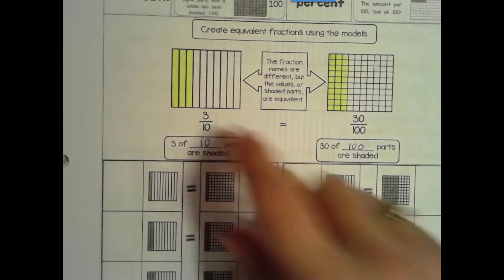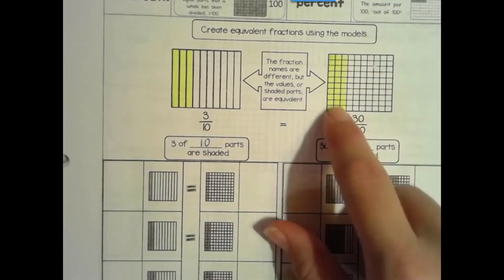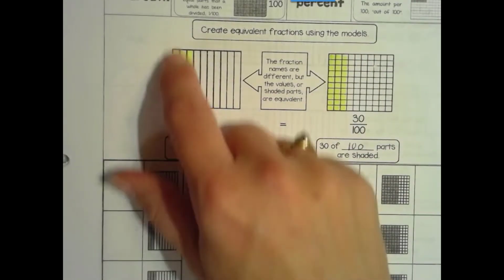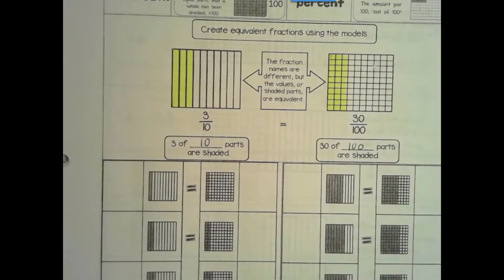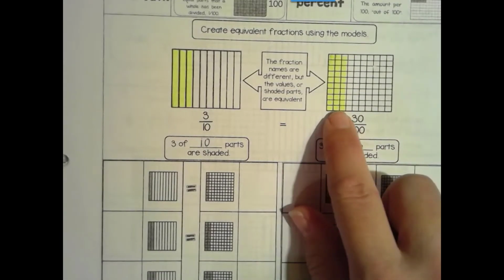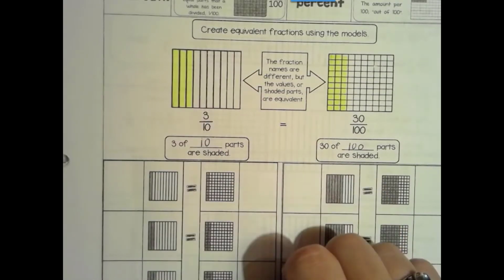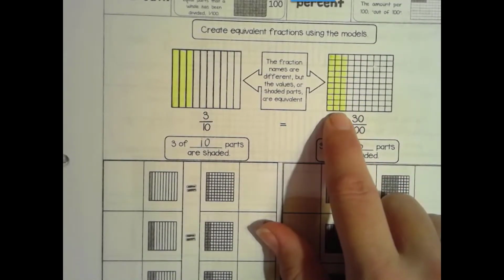But I have the exact same amount shaded in total. They're equal amounts of the whole that is shaded in. It's just these are cut into much smaller pieces. If I went back and cut all these into 10 more pieces, then I would get the same look as this.